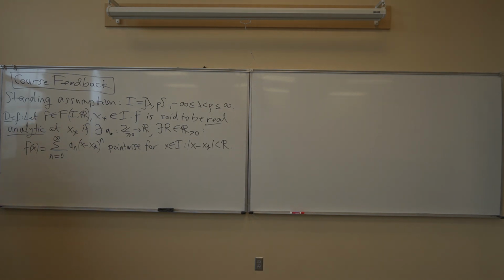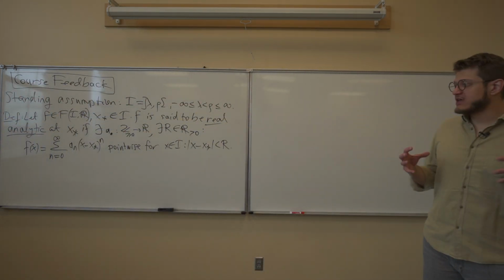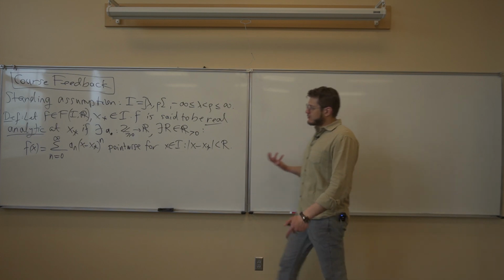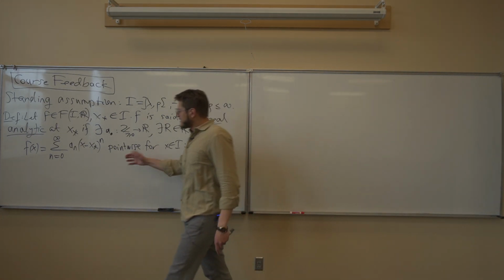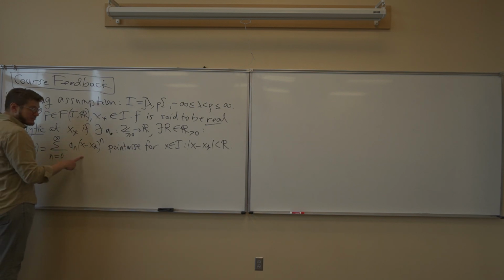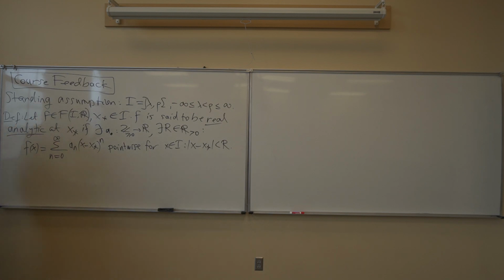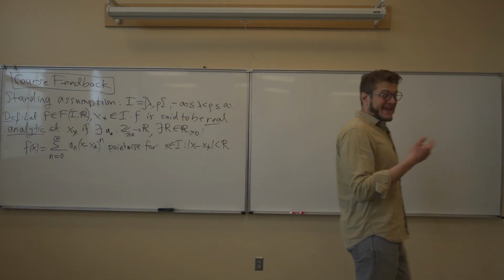I told you that this is sort of like all higher order derivatives of f at x star put together, which means that in a sense, if I were to change the base point, this expansion should change also, just like in the first derivatives, for instance. And of course, now we know that if this happens, then it must be the case that a sub n is the nth derivative of f evaluated at x star divided by n factorial.